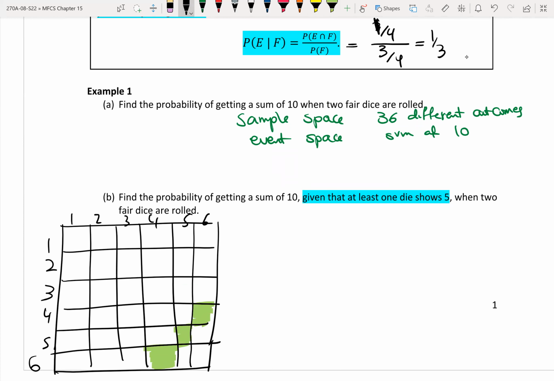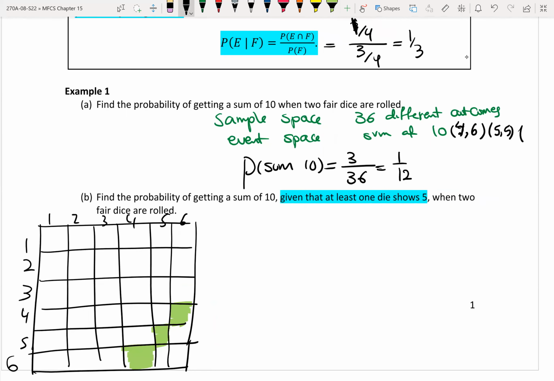Do you agree? So then the probability of sum 10 is 3 out of 36. So it's 1 out of 12. I can release it over here. It was sum of 10, right? So it was just 4 and 6, 5 and 5, and then 6 and 4. Okay, so there were 3 cases only.